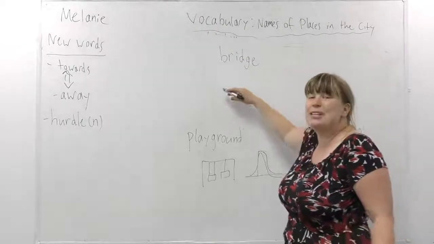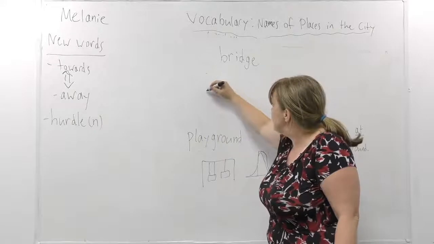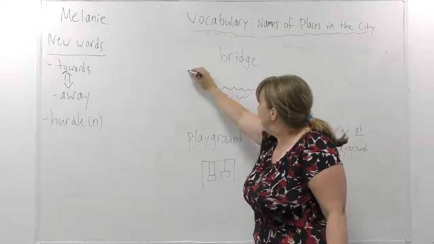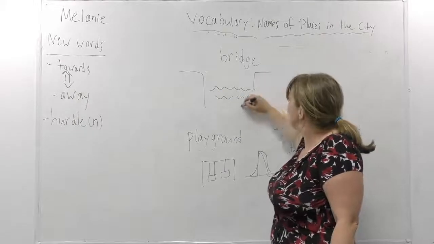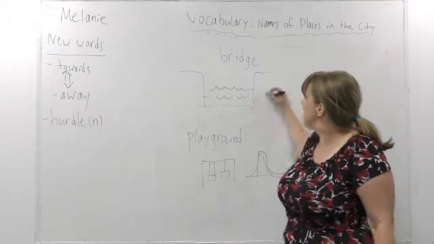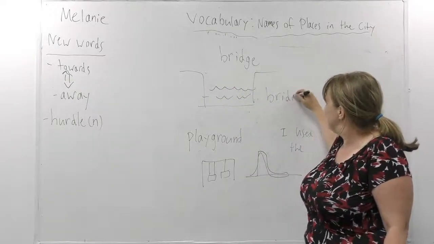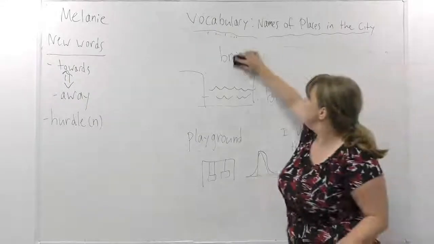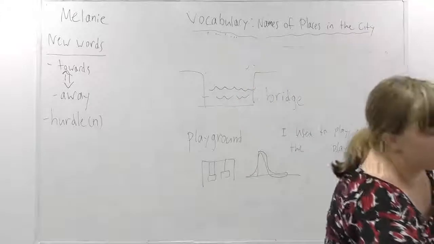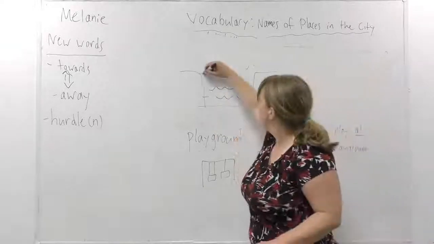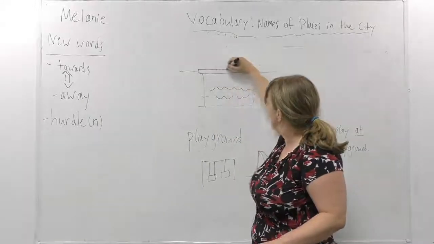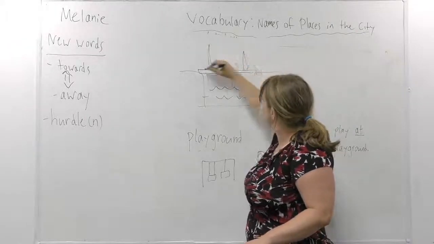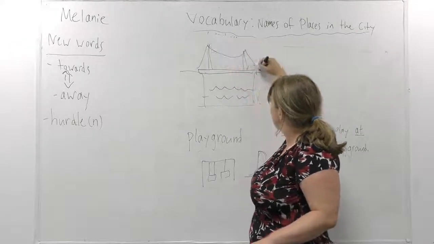I feel like you might know this, but if you have a body of water and you want to go to the other side, what you're going to have to do is go across something called a bridge. All right, so let's make a nice fancy looking bridge. Maybe it's a nice suspension bridge.